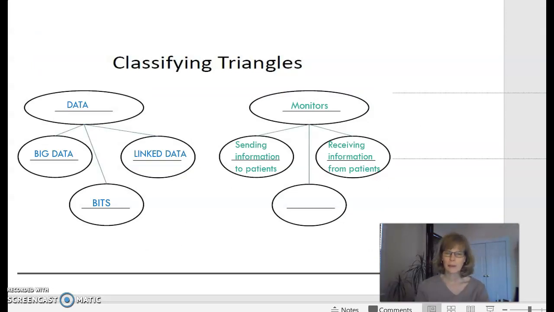And they talked to us about different types of data, big data, linked data, data that's just reduced down to bits, or different types of monitoring was talked about. This is in another article. This is in mHealth, Health and Wellness on the Go. Monitoring that sends information to patients, monitoring that receives information from patients. So I'm using these circles, these organizers, to show how this information is related.